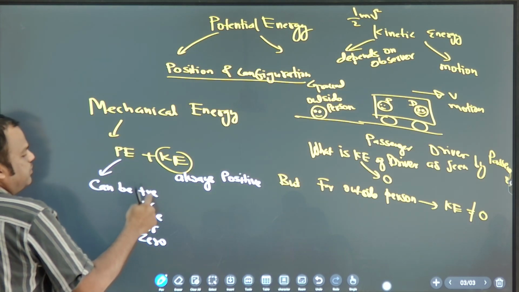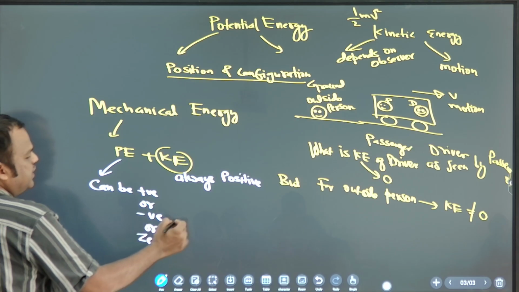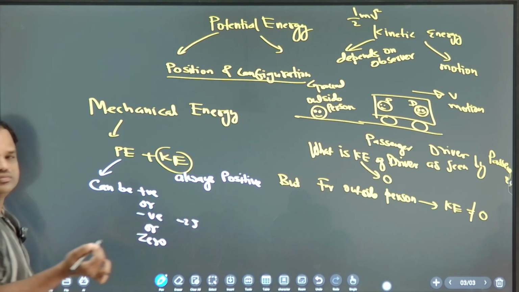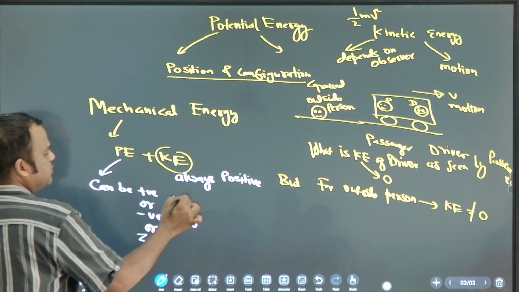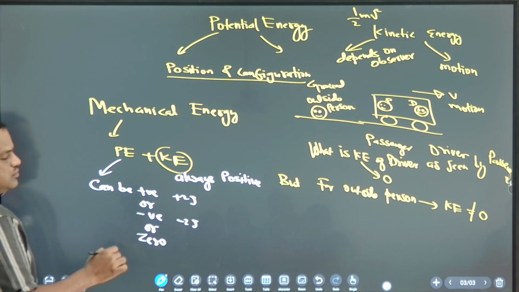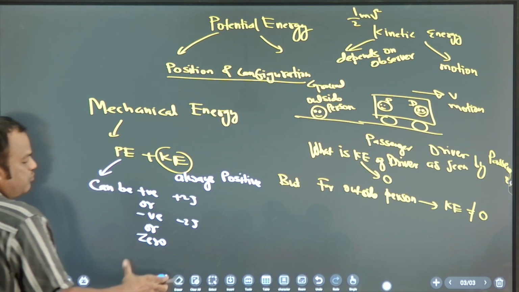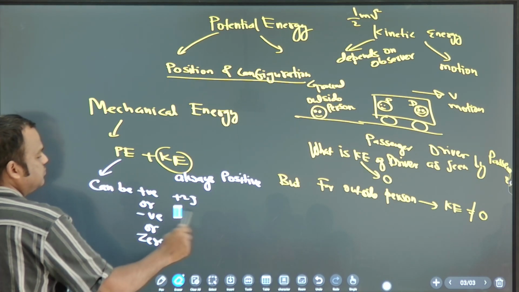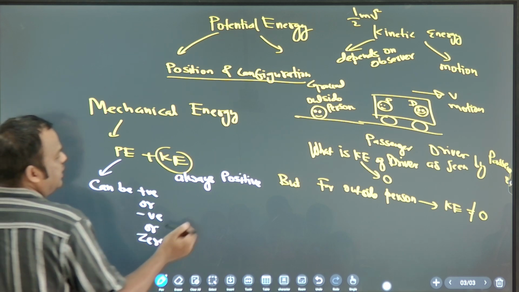Potential energy can be positive, negative, or zero also. If it is negative, it will be like minus 2 joule. If it is positive, plus 2 joule. Just remember this. Potential energy can be positive or negative, but kinetic energy is always positive.